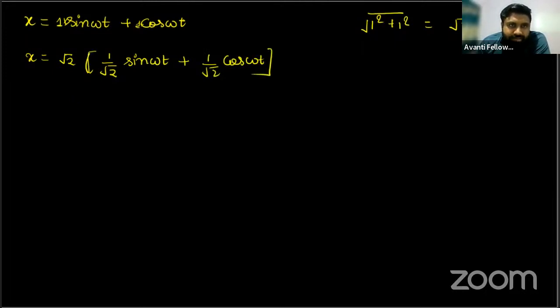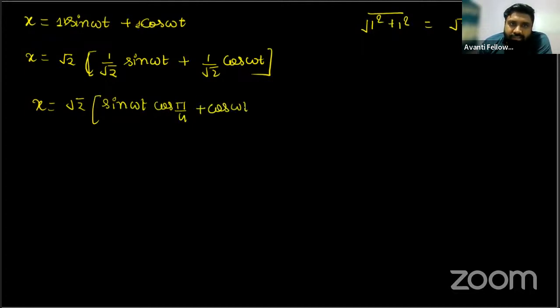This will also convert into a formula: you can write 1 by root 2 as cos pi by 4. So it will become sine omega t cos pi by 4 plus cos omega t, and 1 by root 2 you can write as sine pi by 4.